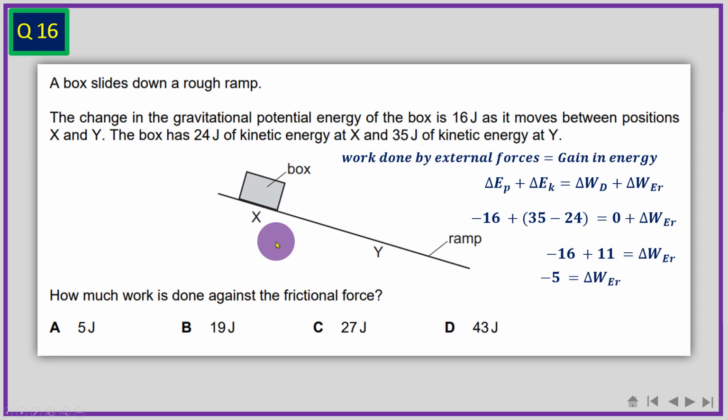Let's look at what the question is asking. How much work is done against, you see this word here? The moment we replace the work done by friction force with the word against, so that the statement reads work done against friction force, then we simply ignore the negative sign and we find that it is just equal to 5 joules. This is similar to situations whereby you were asked to find the deceleration of an object.